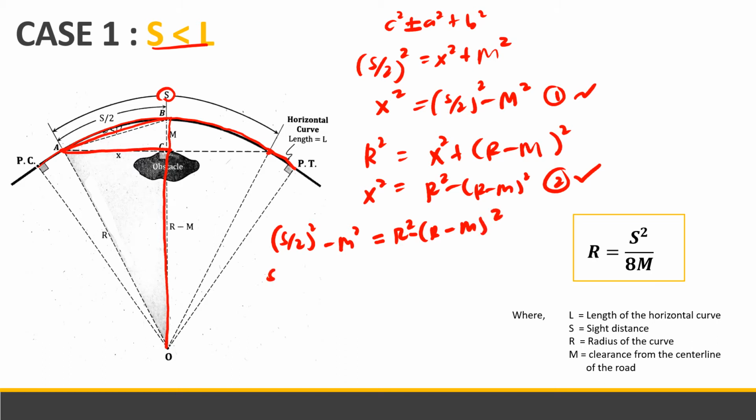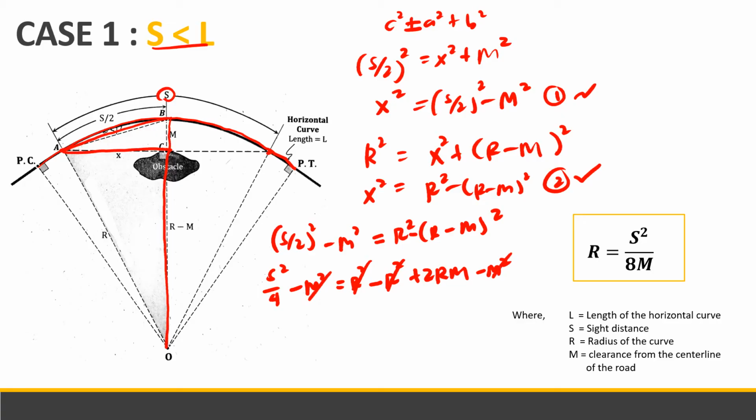So this is S squared over 4 minus M squared, R squared minus, so isimple natin, R squared plus 2RM minus M squared. So mawala to, this one here.